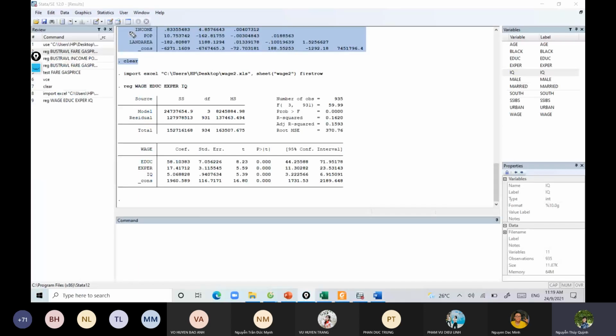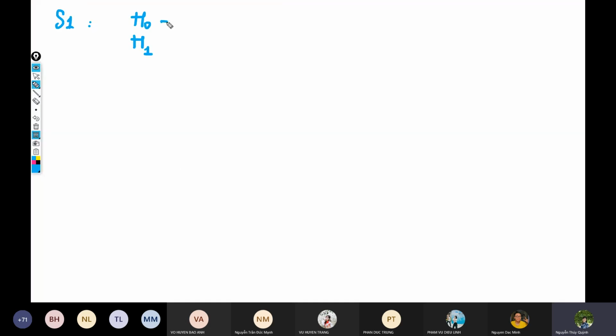Our variables here, education and experience, we may call this one beta 1 hat and this one beta 2 hat. So our hypothesis here is that H0: beta 1 is equal to beta 2. And H1, we want to know whether the effect of education on wage is greater than the effect of experience on wage. We have beta 1 greater than beta 2.